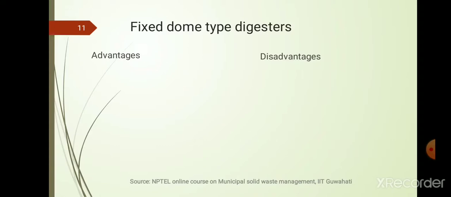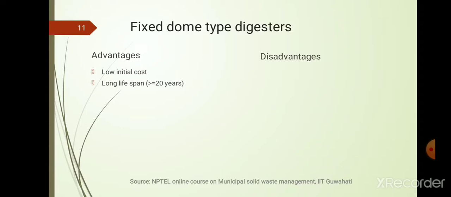Now overall, what are the advantages and disadvantages of fixed dome type digesters? Mainly they are compared to the other two, that is the floating type and the bag type digester. The advantages of fixed dome digesters are, first, low initial cost. Then the lifespan is also very high.